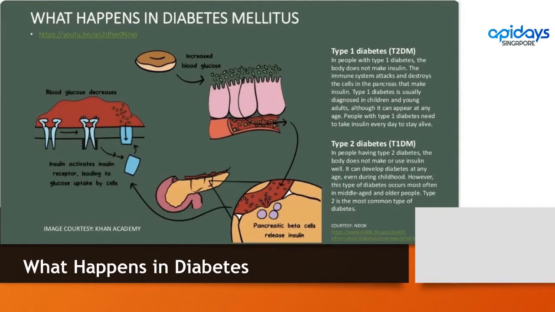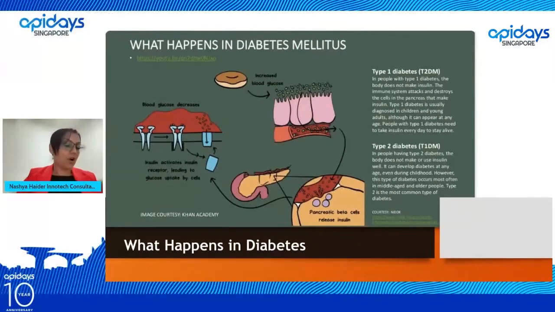Now, what happens in diabetes mellitus? There are 2 main types of diabetes. There's type 1 diabetes and there's type 2 diabetes. So in people with type 1 diabetes, the body does not make insulin. The immune system attacks and destroys the cells in the pancreas.